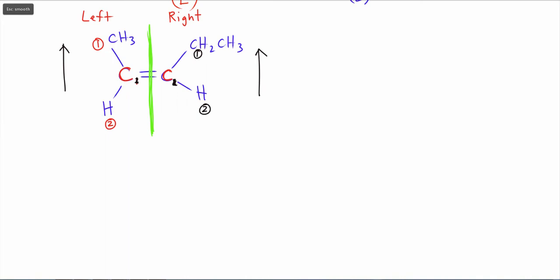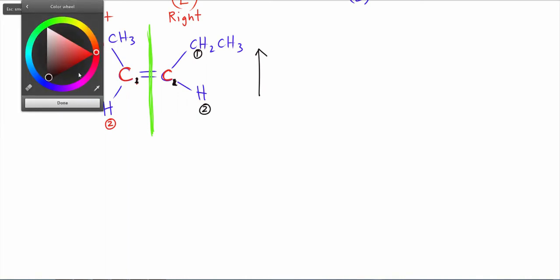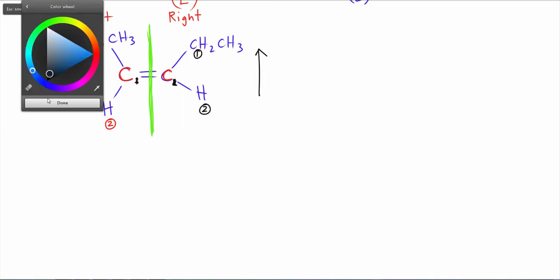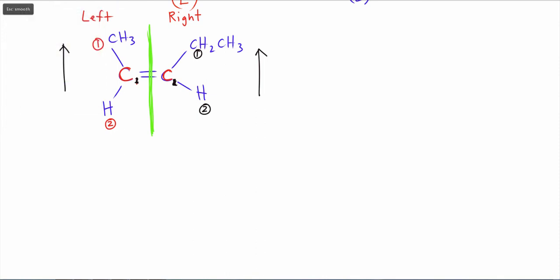All right, now when we name, I'm going to put the numbering for naming in yellow. Okay, so when we name, we want the smallest number on the double bond.